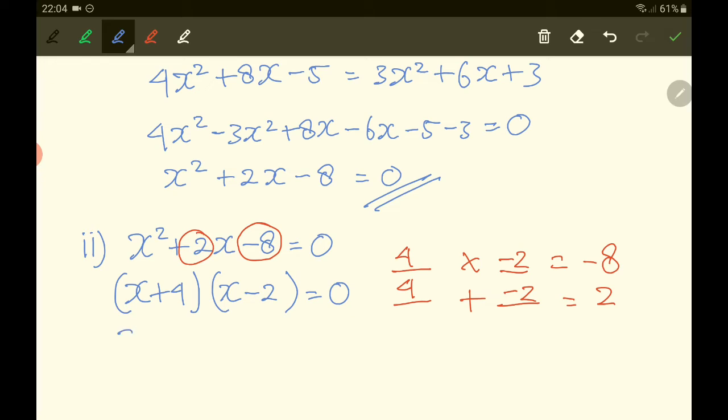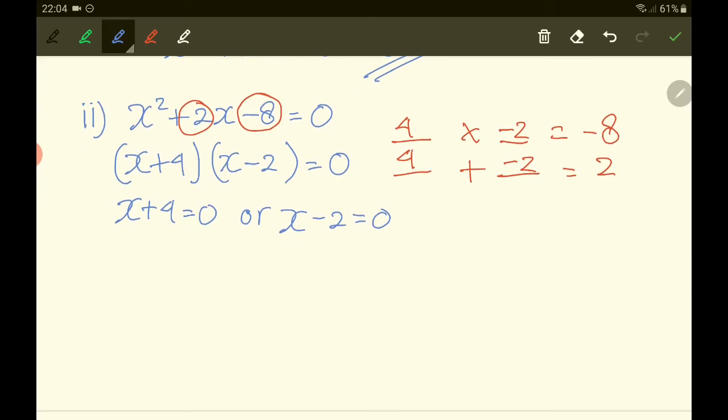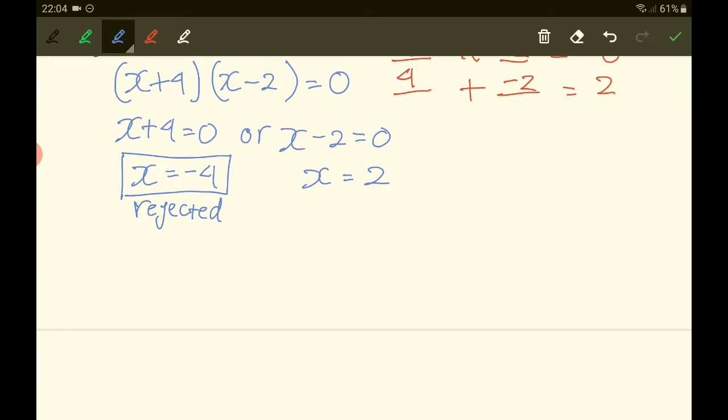So x plus 4 equals 0 or x minus 2 equals 0. So x equals minus 4 or x equals 2. Of course this one will be rejected, because this one is negative. We deal with positive when we refer to the length. So the answer is x equals 2.